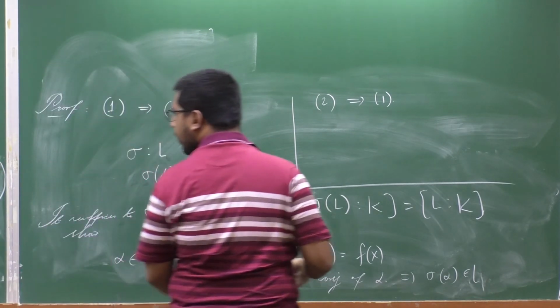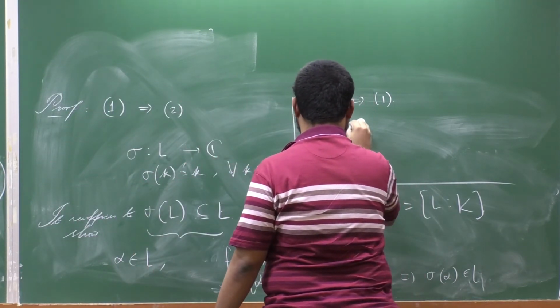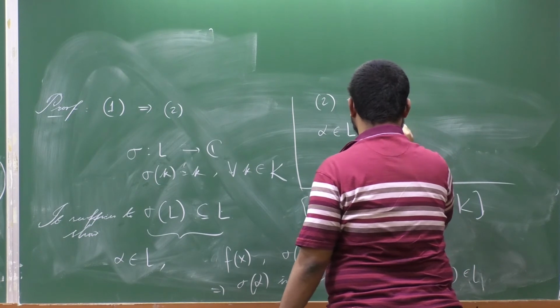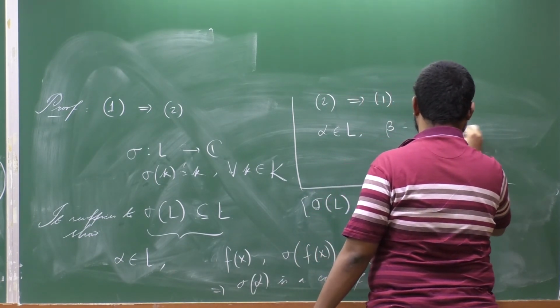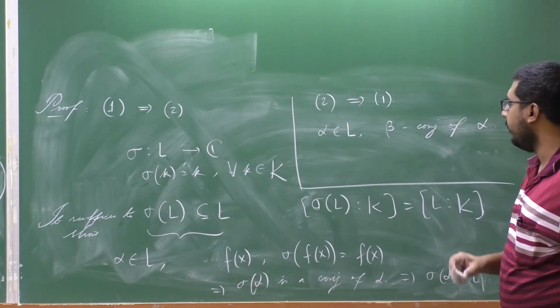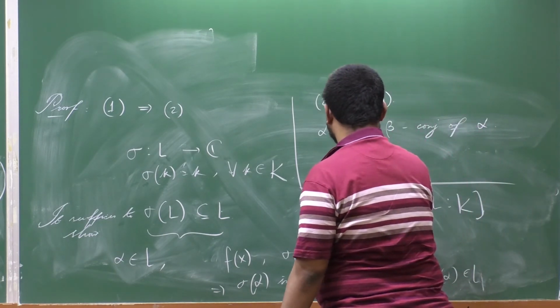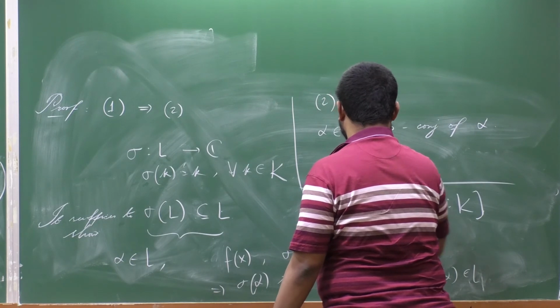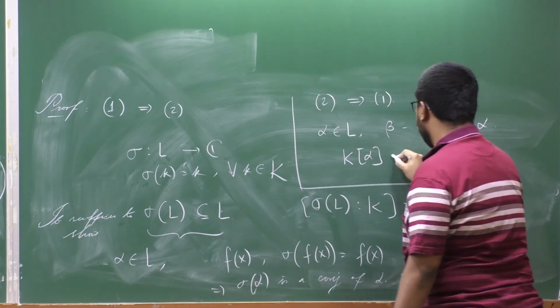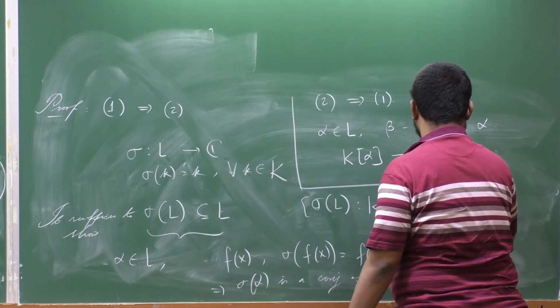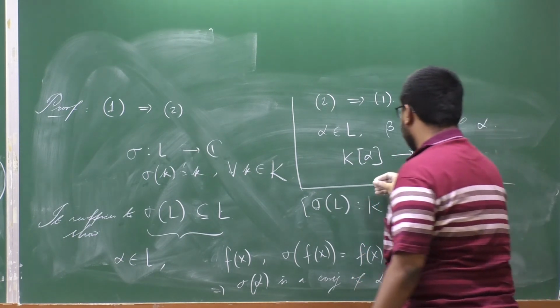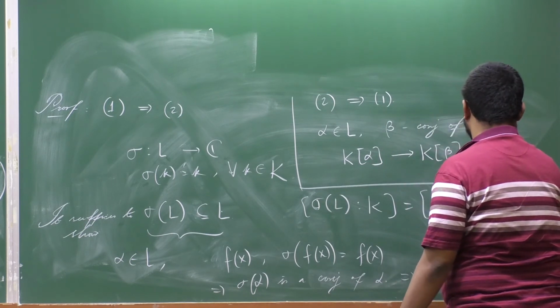To show 2 implies 1, that is also not difficult. Let alpha be in L and let beta be a conjugate of alpha. We have already shown that we do have an extension that fixes k pointwise.